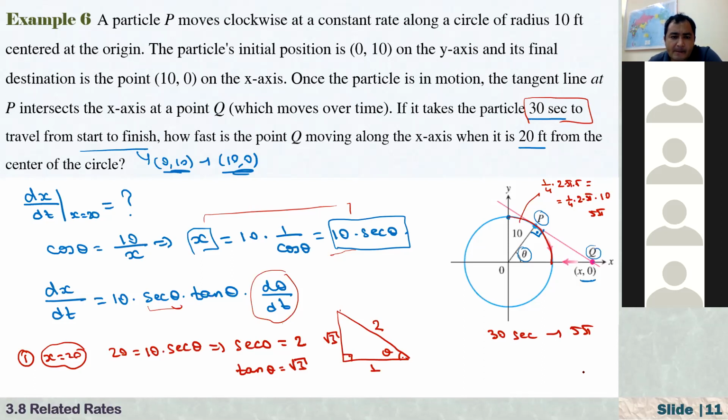Either I have to express this length per minute or per second. If you just multiply both sides by 2, here we have 60 seconds, that means 1 minute, and 2 times 5 is equal to 10 pi. It means that every minute this particle is covering a distance of 10 pi units.